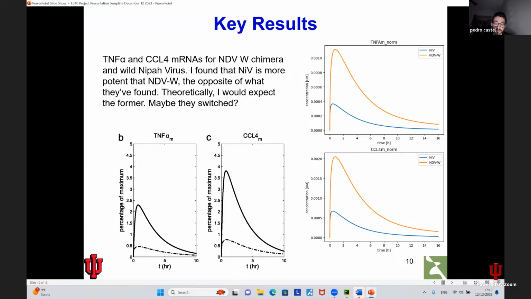And it's very possible because although I checked the parameters and the equations at least 3 times, it's not peer-reviewed, so it always could be an error from my part. Yeah, they could just have switched the broken curve and the other one. So, yeah.